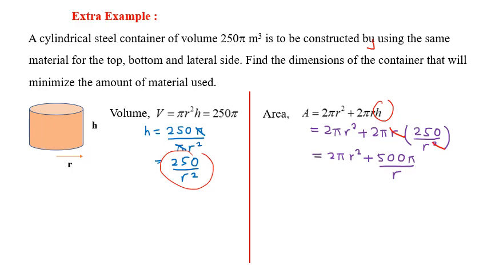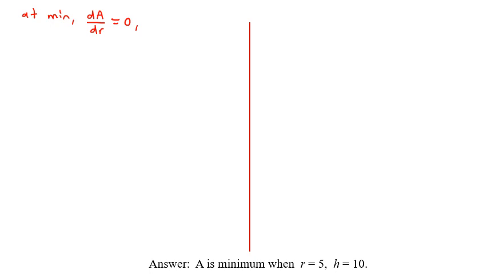Then we need to differentiate this one. So differentiating, we get dA over dr, which is 4 pi r minus 500 pi over r squared. And then don't forget, for maximum or minimum, you have to equate dA over dr with 0.